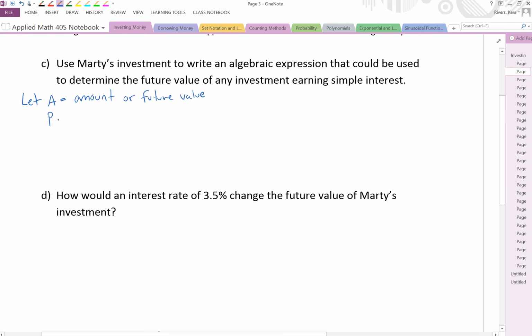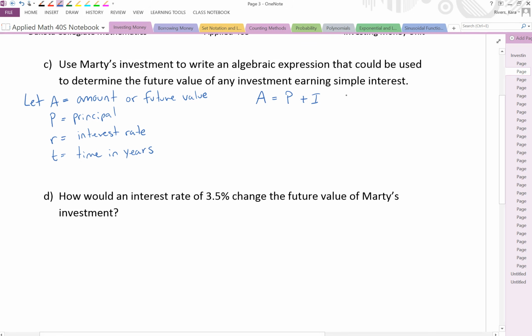I'm going to leave P as the principal, R as the interest rate, and T still in our time in years. So because we're using the other formula, then we're not changing any of these variables, right? We said in the previous that our future value is our principal plus our interest. So in terms of what we're doing here, that would be P plus I is equal to A.